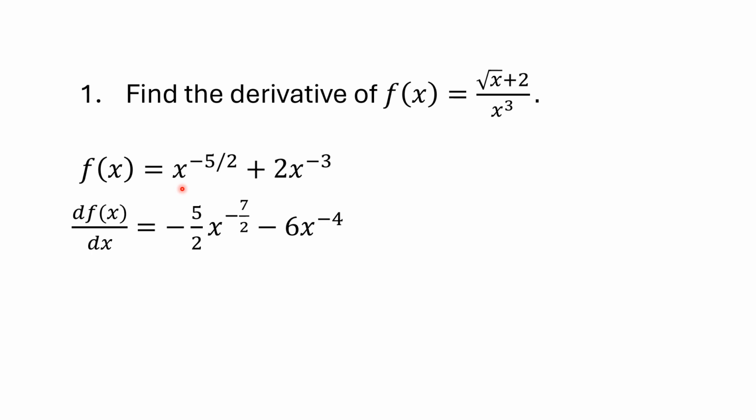The derivative is n times x to the n minus 1, so this one is negative 5/2 x to the negative 7/2. And here we're going to have 2 times the negative 3, which is negative 6, x to the n minus 1, x to the negative 4th.